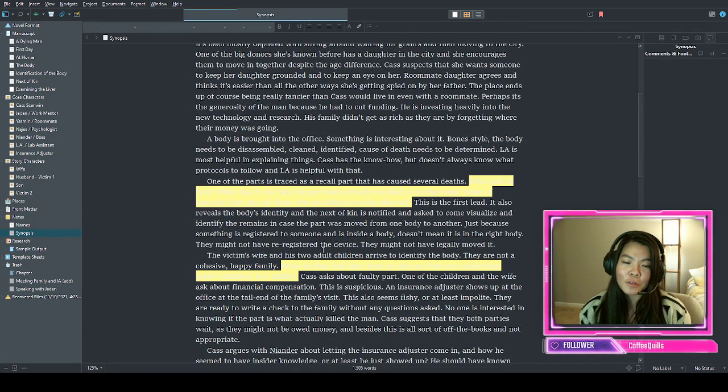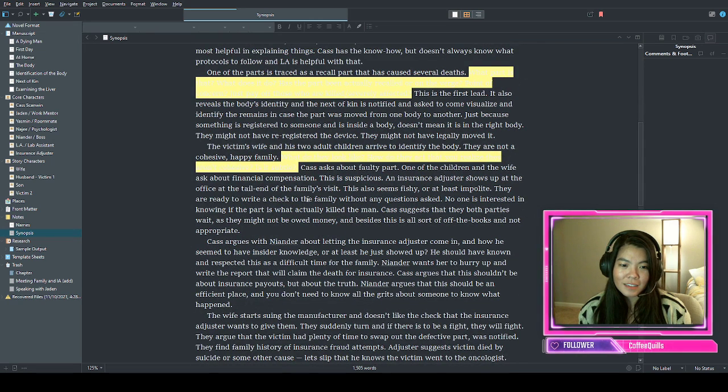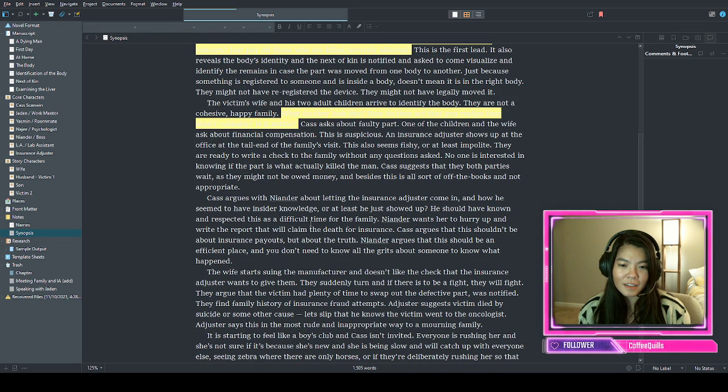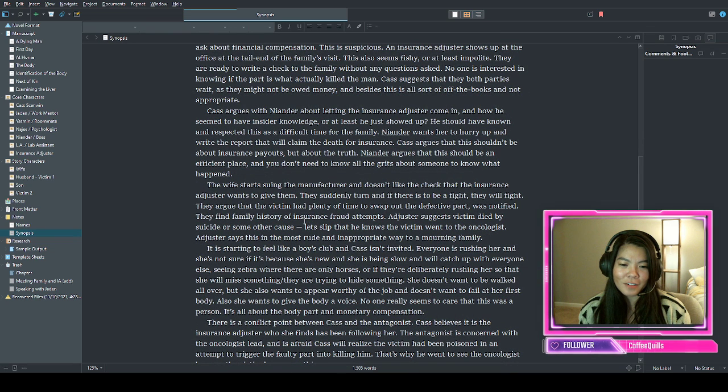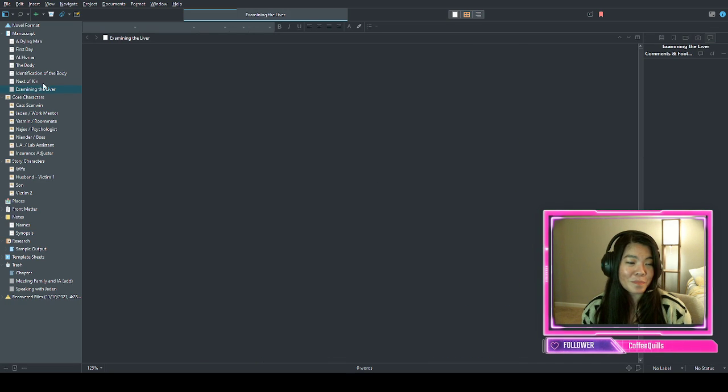I don't even think I knew it was a liver when I wrote the synopsis. Has asked about the faulty part. Nope. Yeah, I know nothing about it. So let's find out about it as we examine this liver.